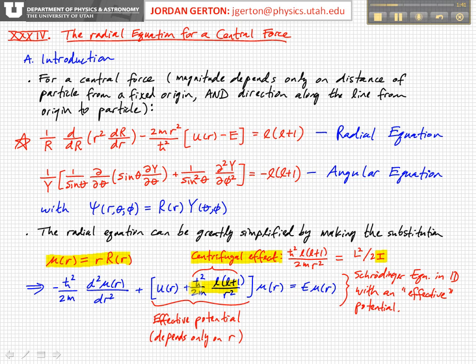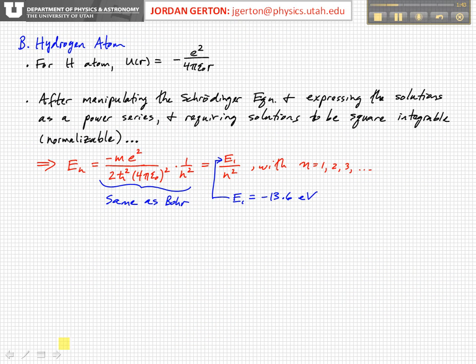But for the hydrogen atom, we have a Coulomb potential. The negatively charged electron is attracted to the positively charged nucleus, and the potential energy is given by Coulomb's law, minus e squared over 4 pi epsilon naught r. Epsilon naught, again, is the permittivity of free space, and r is the distance between the electron and the proton.